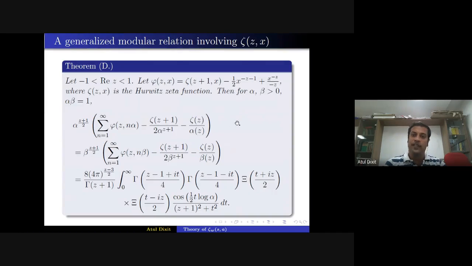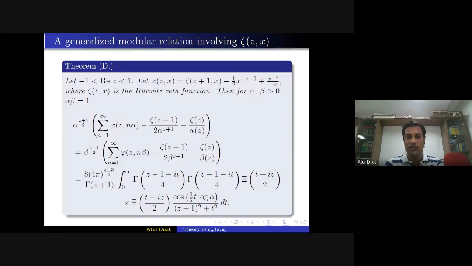So let us look at one transformation that I already discussed with you, the one involving the Hurwitz zeta function. This is a generalized modular relation where you have alpha going into beta, but you don't have W going into iW, but you have z, which remains as z everywhere throughout.